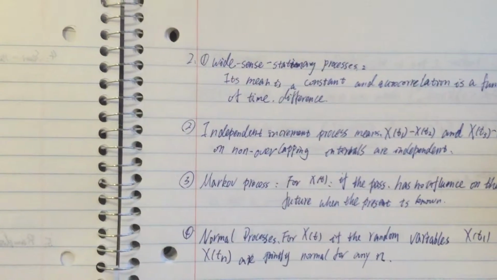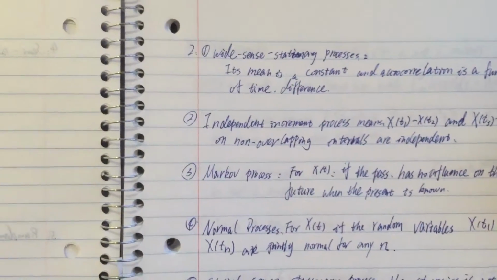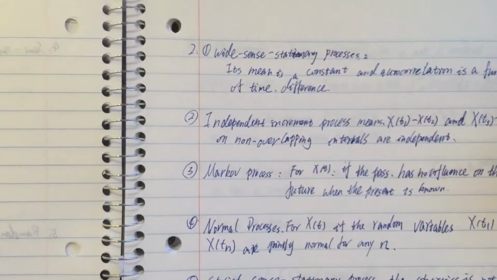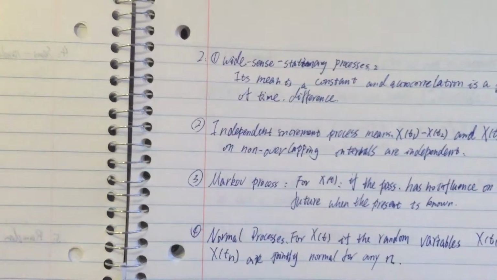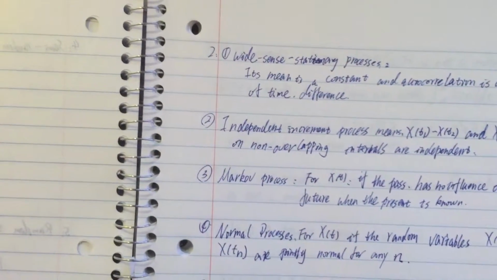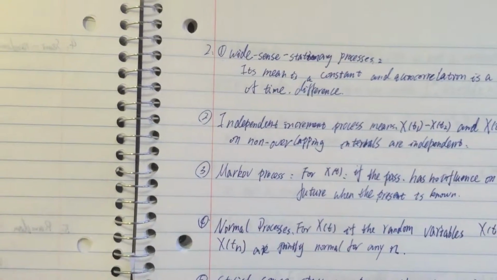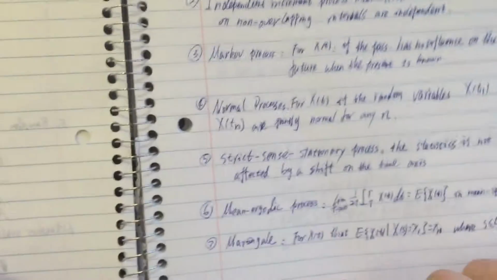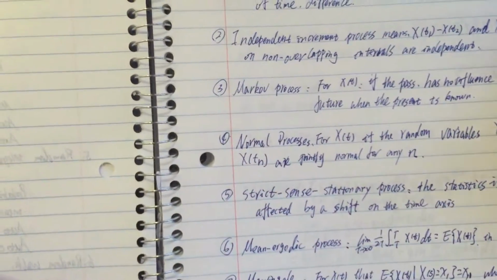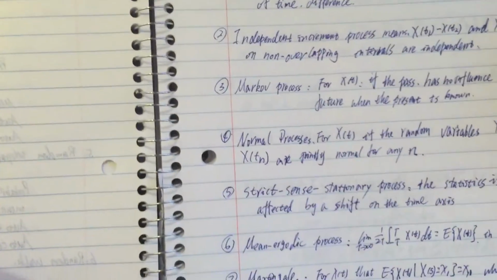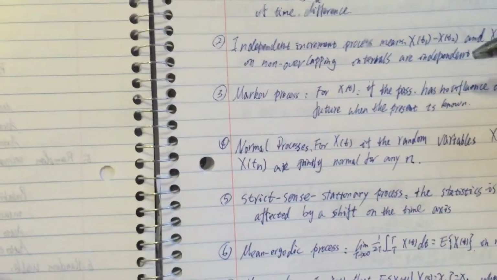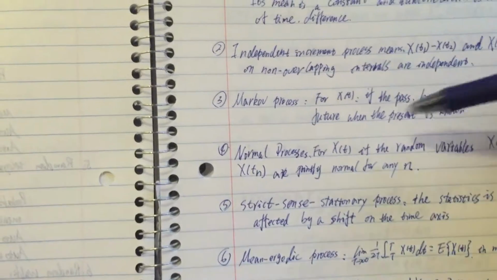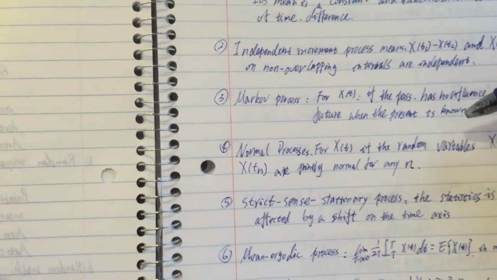The independent increment process means X(t1) minus X(t2) and X(t3) minus X(t4) on non-overlapping intervals are independent. And for the Markov process X(t), the past has no influence on the future when the present is known.